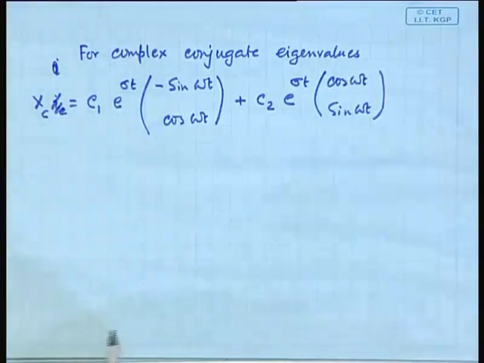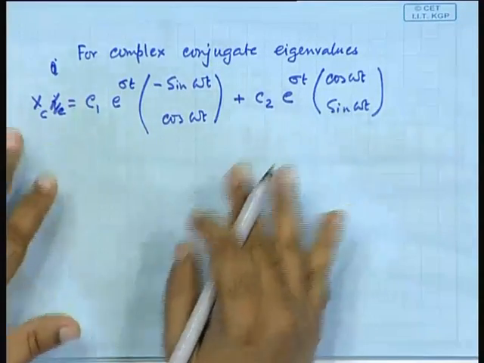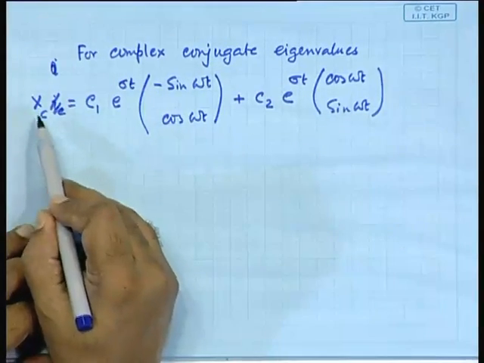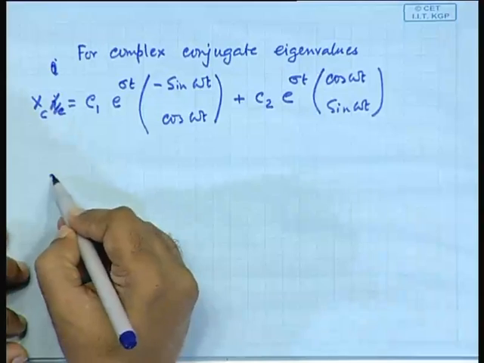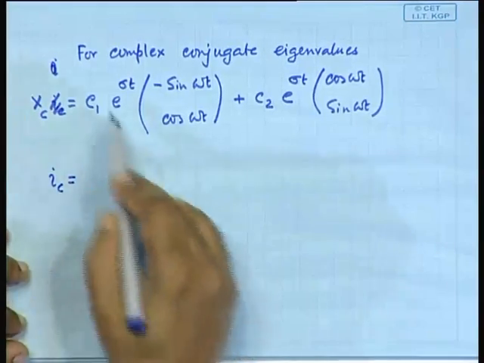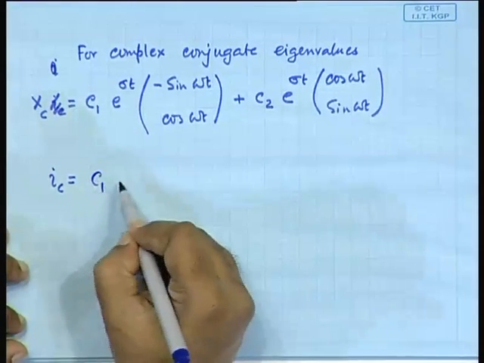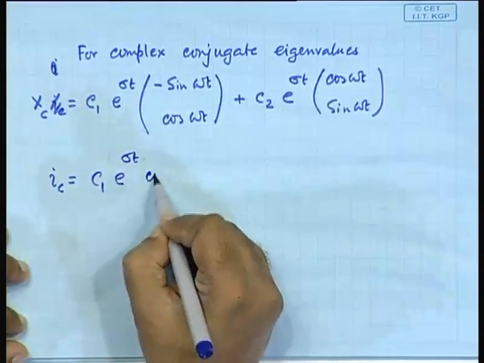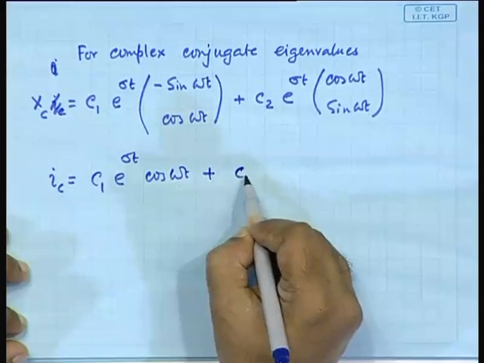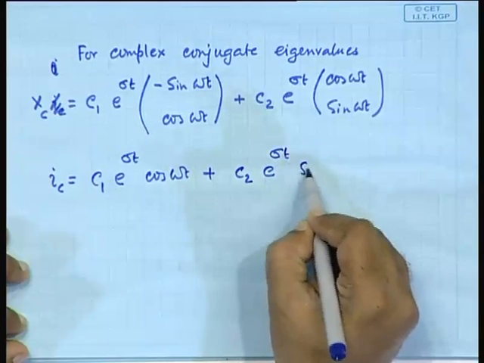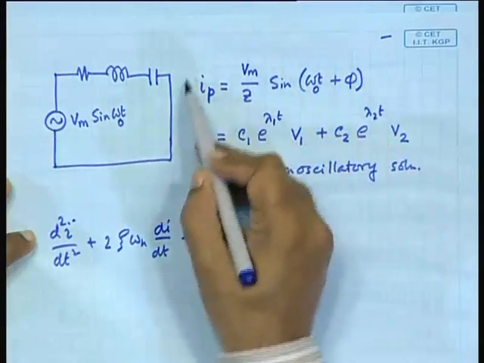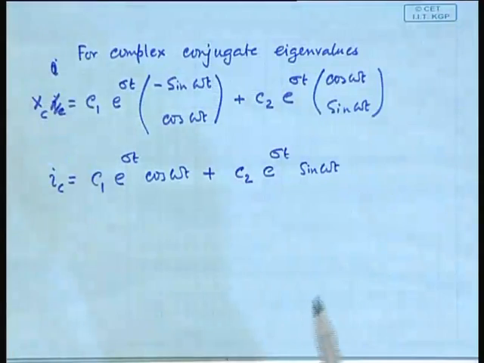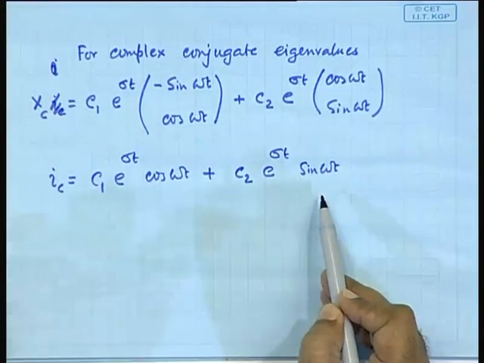Fine. The point that I am trying to make is a bit different, because this is what we discussed yesterday. This is x. X means a vector of voltage and the current. So, the current solution I c will be from the lower line, it is C 1 e to the power sigma t cos omega t plus C 2 e to the power sigma t sin omega t. That is the current. So, the particular integral was this of the current, and the complementary function is this of the current.